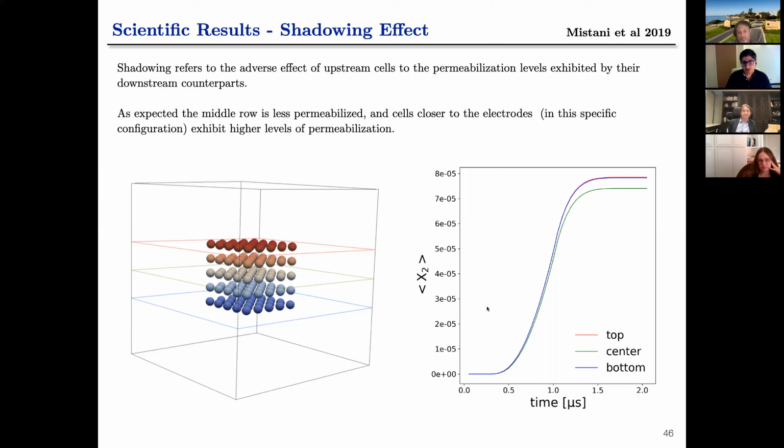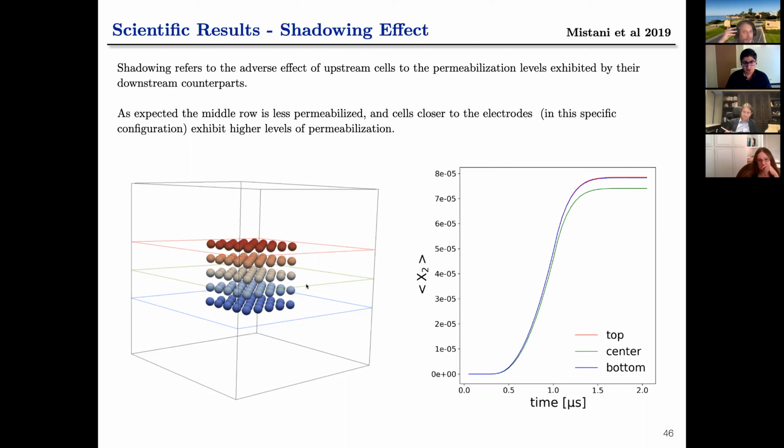And one numerical aspect of this test, so let me explain the test. This is a lattice, every cell is identical, and we run the simulation and make the measurements on this set of cells here, and then average it for parameter x2, which is the permeabilization level.